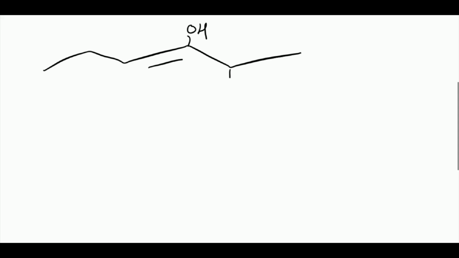And as for anything else, it's still sticking with the rules we already know. Because it's just a matter of putting things in alphabetical order and remembering your rules for ene and etc. So this here is going to be a 2-fluoro hept 3-ene-3-ol.